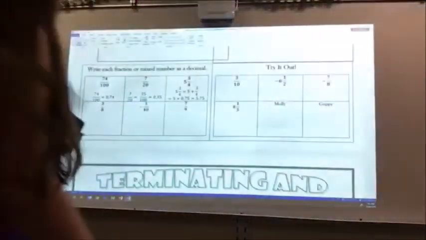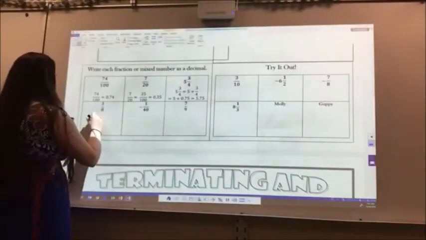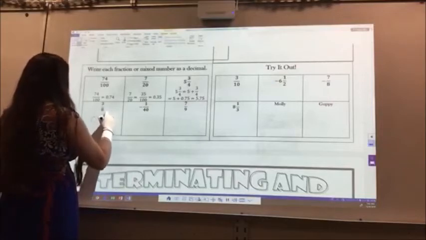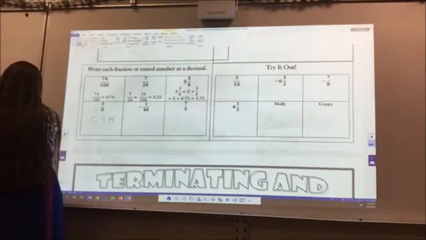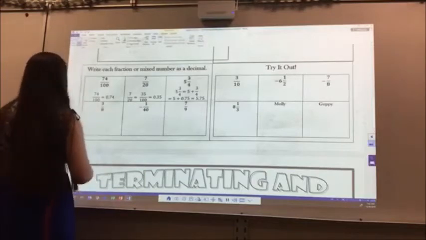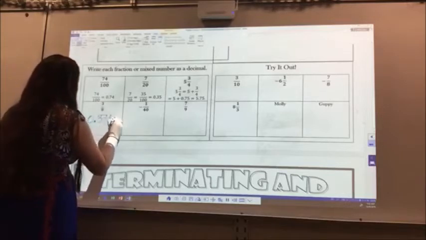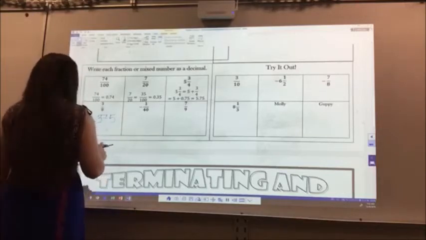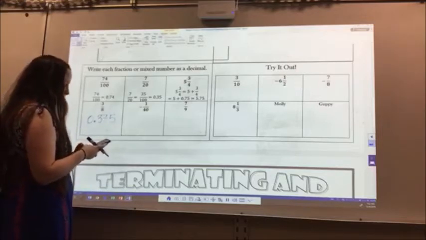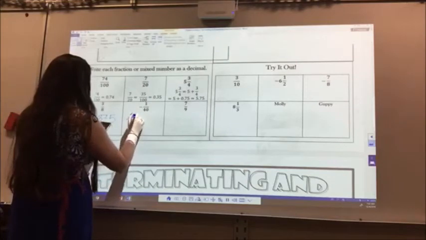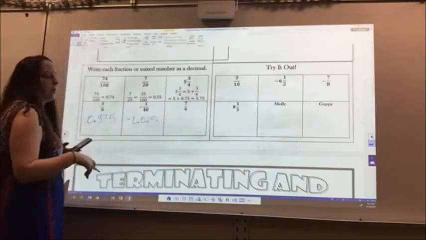So 3 divided by 8 is 0.375. Negative 1/40, I do 1 divided by 40, and I get negative 0.025. You can basically ignore the negative until you get to the end.